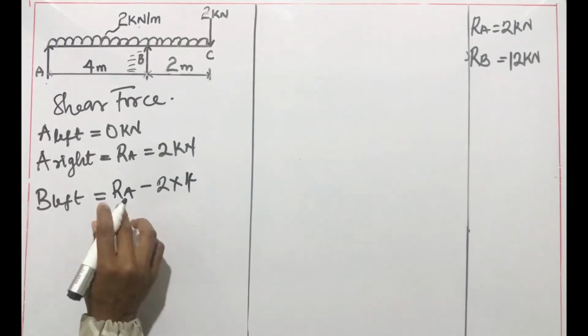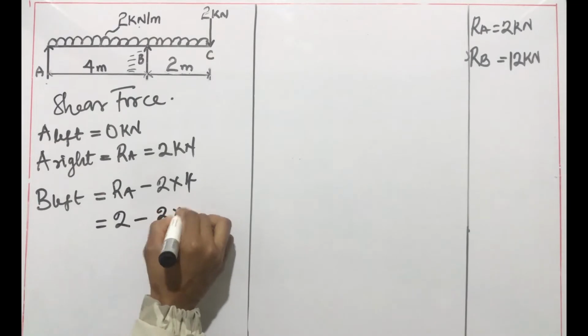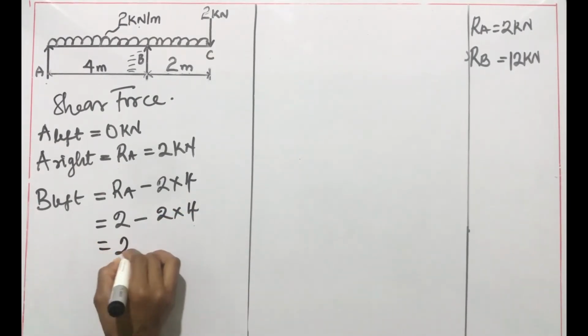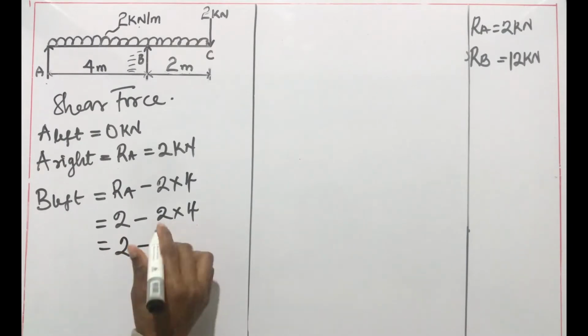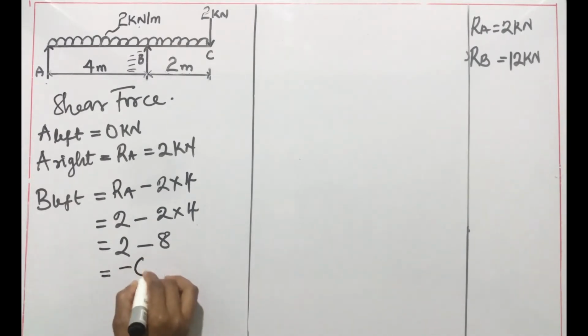That is why we're converting it with 4. Now we have 2 minus 2 times 4, which is 8. And we have the shear force at B left to be minus 6 kilonewton.